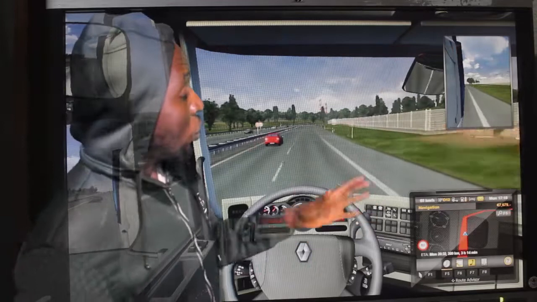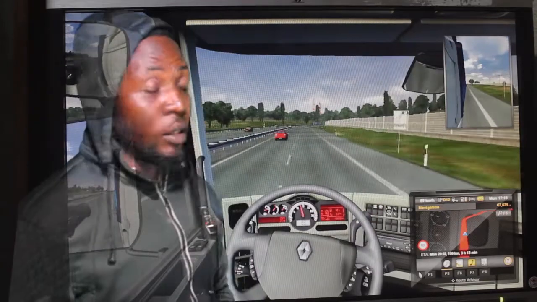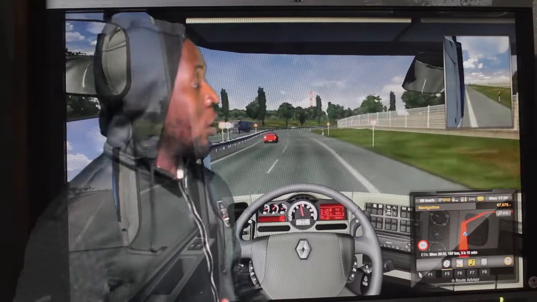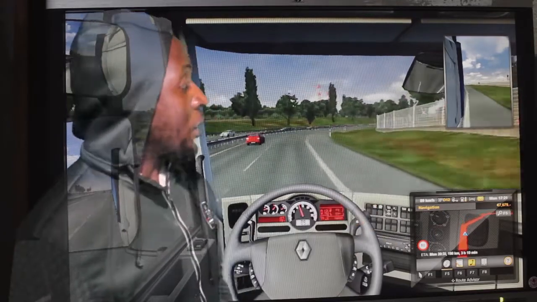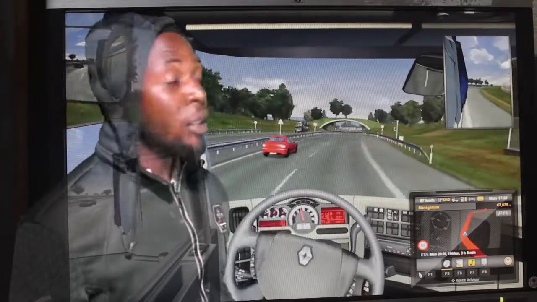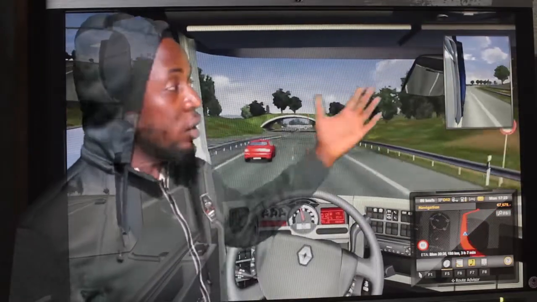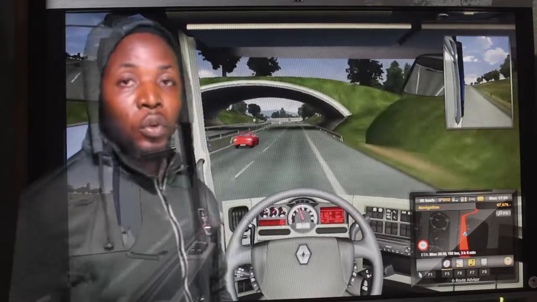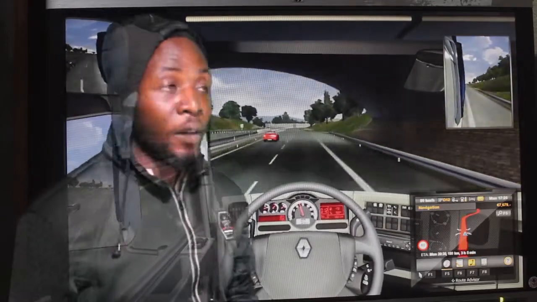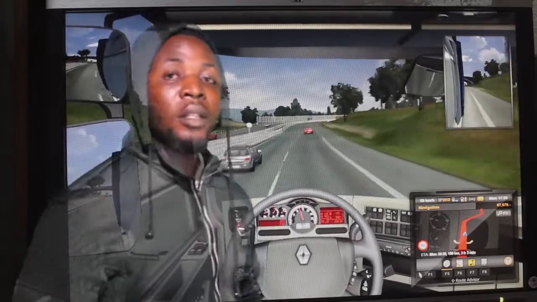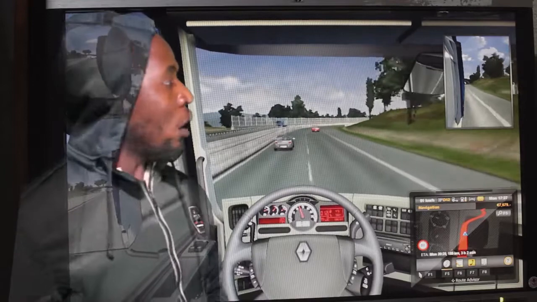So looking at how the driver is using the two-way road, we can see two vehicles going in one direction, and two vehicles coming in the opposite direction. On this road you can overtake a vehicle on both sides, either on the left or on the right.